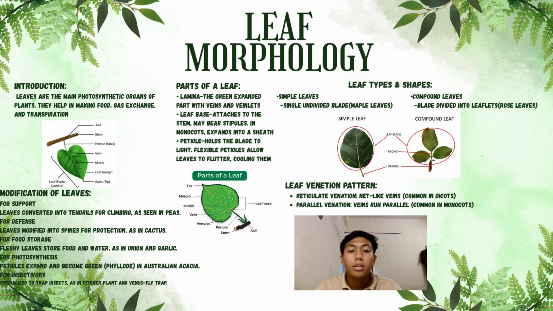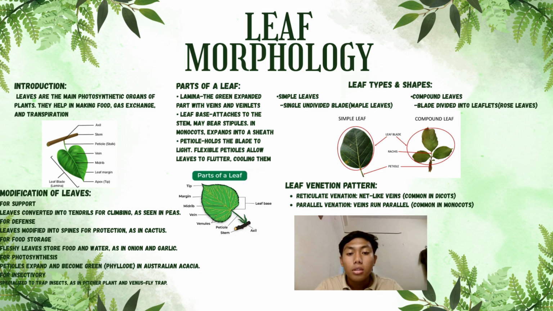Secondly, leaf base. Leaf base is attached to the stem, bears stipules in dicots, and is expanded into a sheath in monocots. Thirdly, petiole. It holds the blade to light. A flexible petiole allows the leaf to flutter and cool. There are two types of leaf, simple leaf and compound leaf.